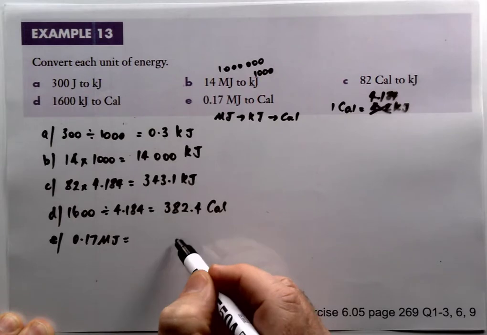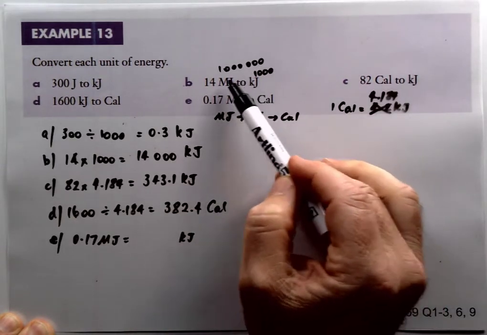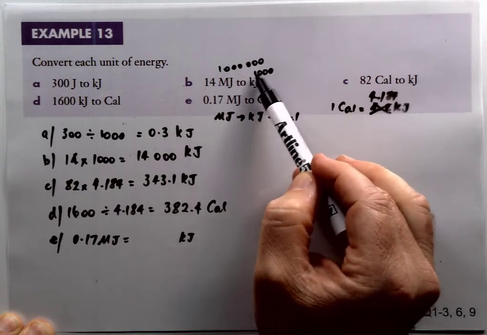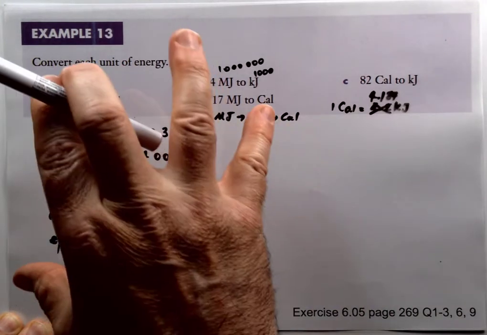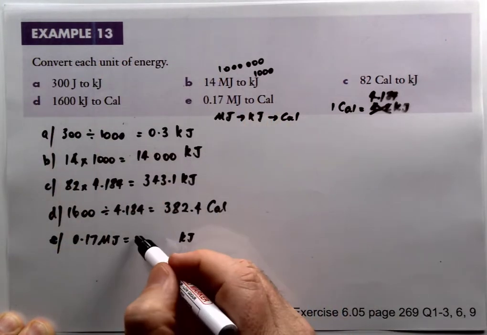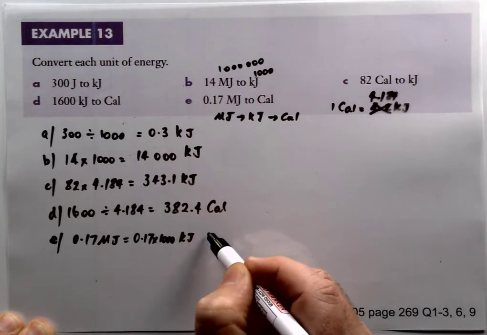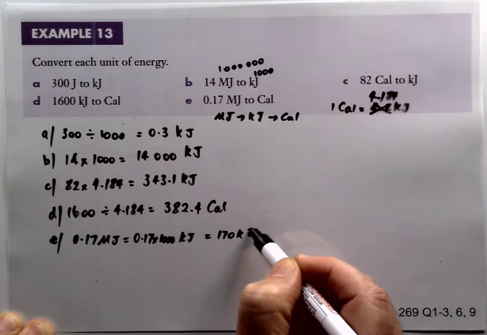Now we're going to convert that into kilojoules, and just like above, you've got a million joules and you're converting it to 1,000 joules, so again, it's a factor of 1,000. Again, the unit's getting smaller, so the number has to get bigger, so 0.17 times 1,000 is equal to 170 kilojoules.